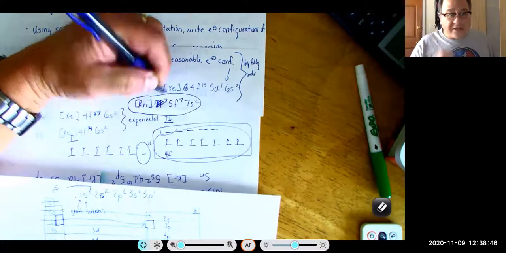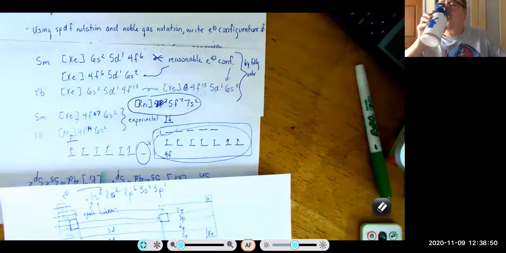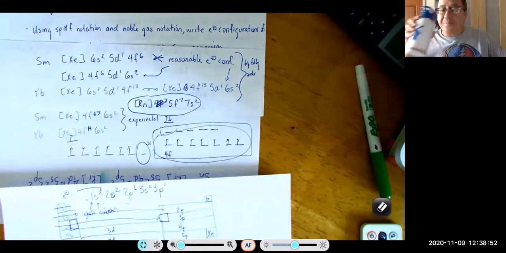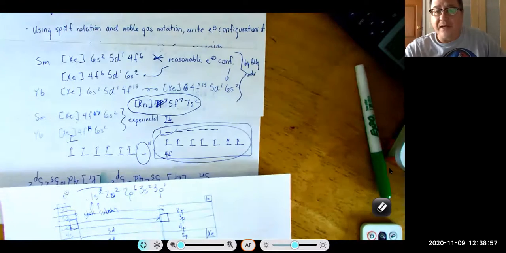So this is a weird electron configuration. What is it? When you think you have it, give me a thumbs up.